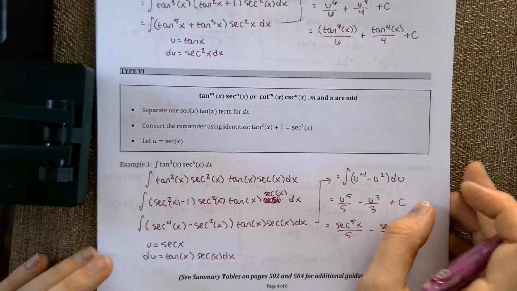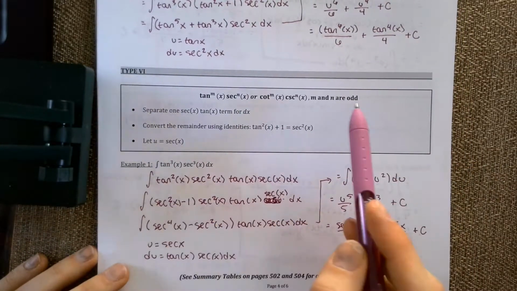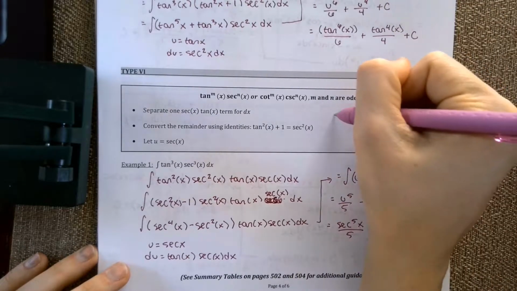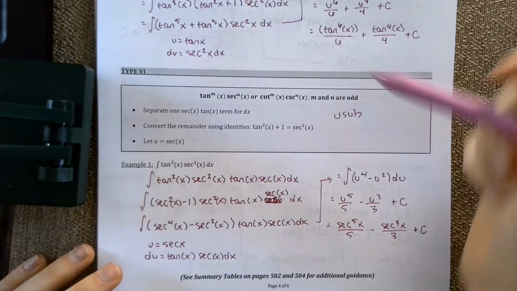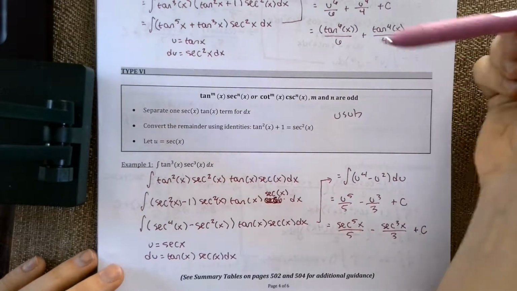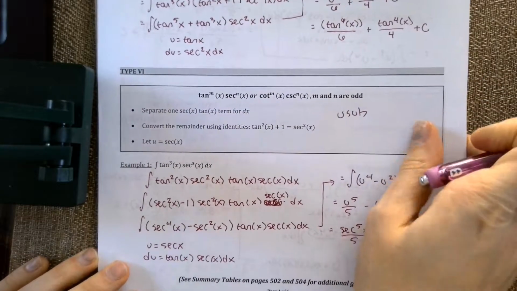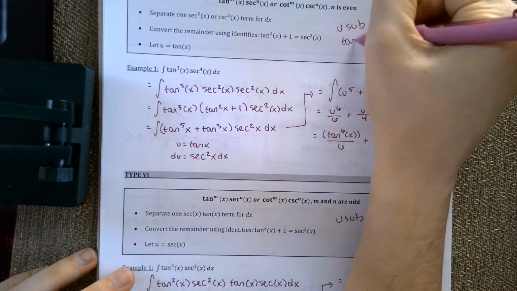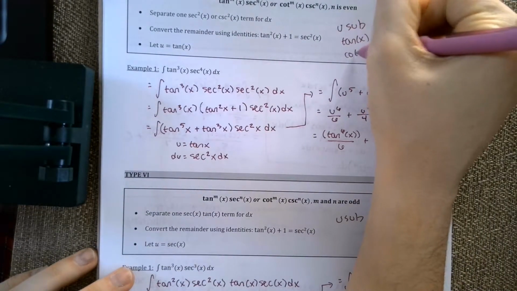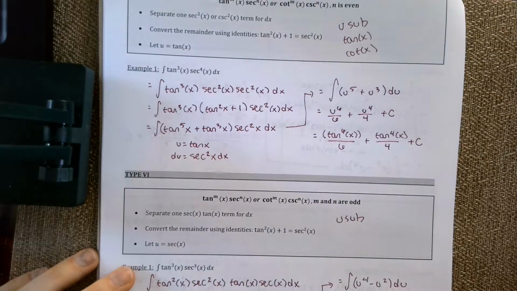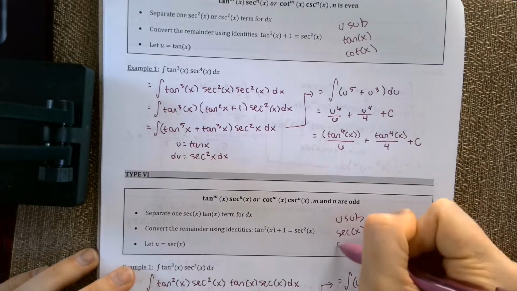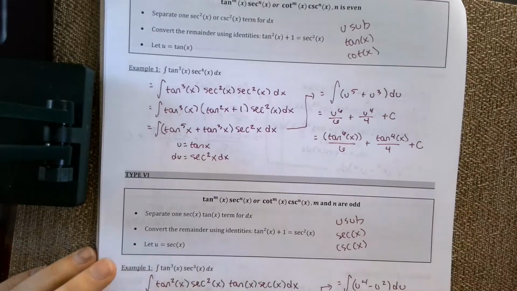If I have tangent secant or cotangent cosecant and all the powers are odd, I am again going to do a u sub. So both of these are u sub, just what you're going to u sub differs. So here, I'm going to u sub for tangent or cotangent, depending on what you have. Here, I'm going to u sub for secant or cosecant, depending on what you have.